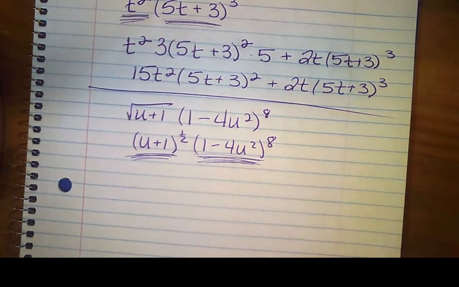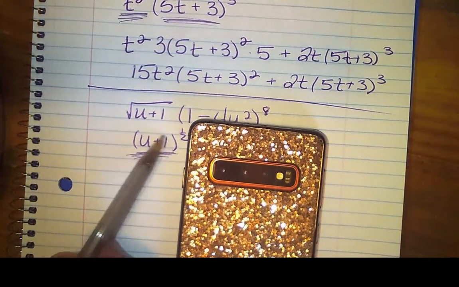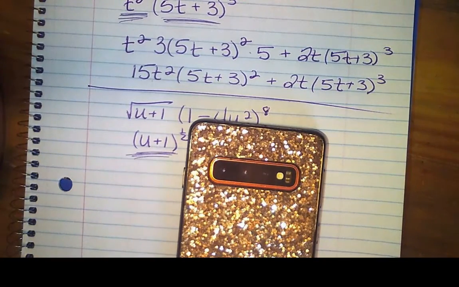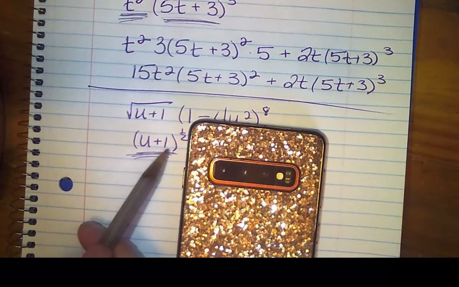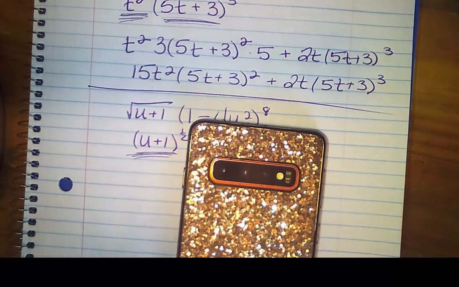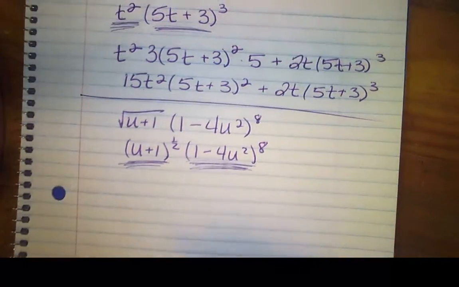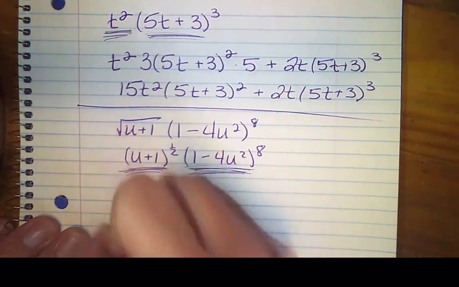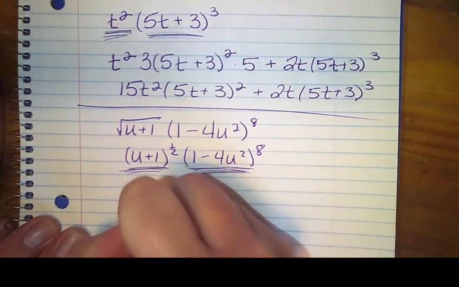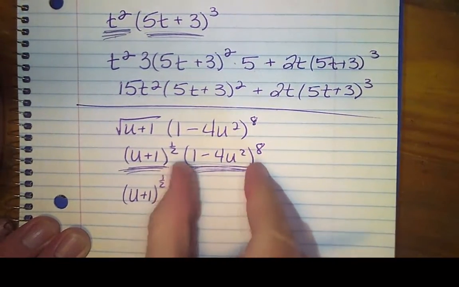Now pause for 1 second. I'm going to cover this up. If that was the only part, we would not have to use chain rule, because what's the derivative of the inside? It's just 1. Okay, so we've been doing this the whole time. It's just that we haven't really noticed it yet. All right, so I've got the first. So my derivative is going to be (u + 1) to the 1/2 times the derivative of the second.